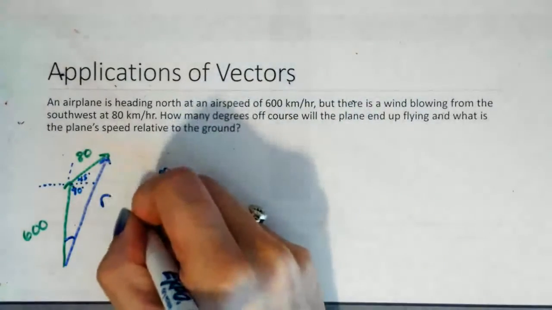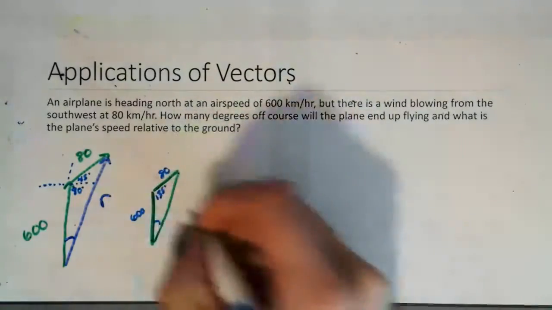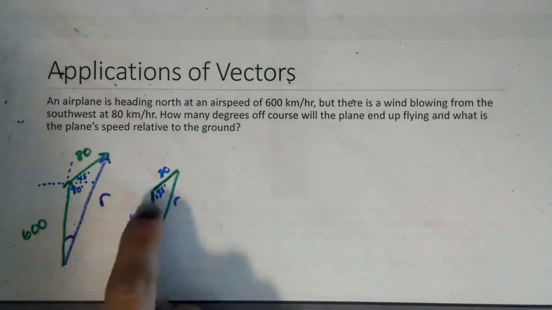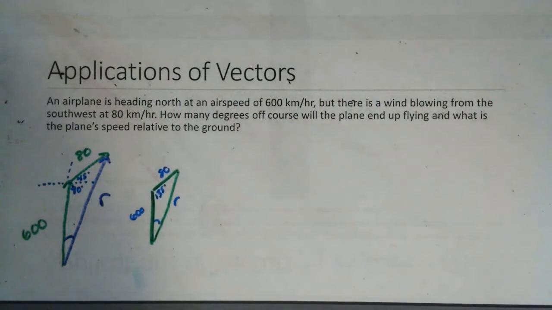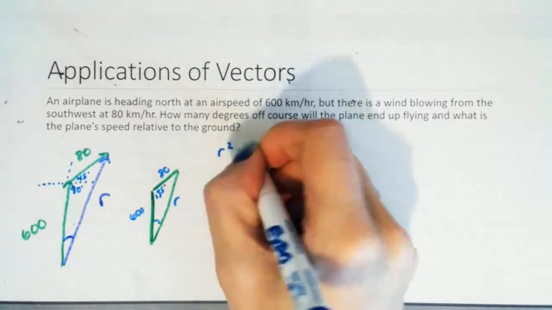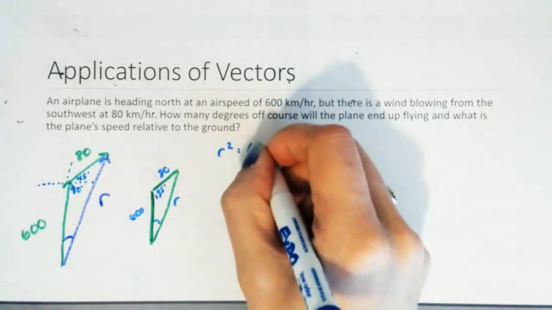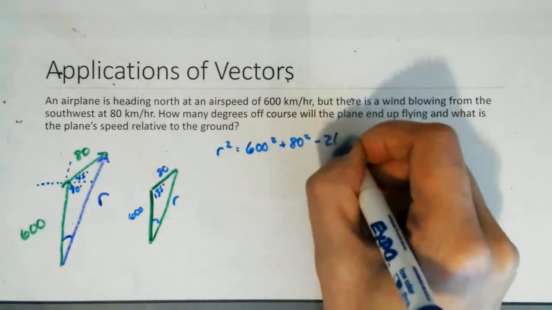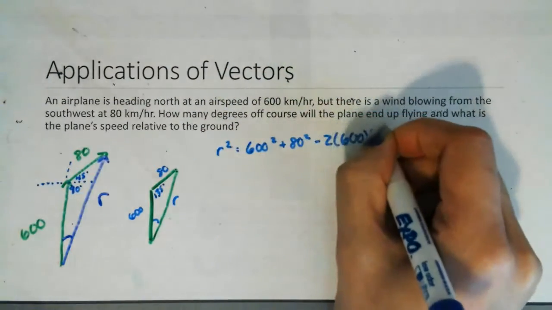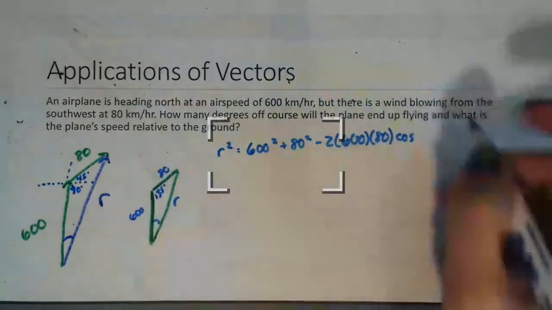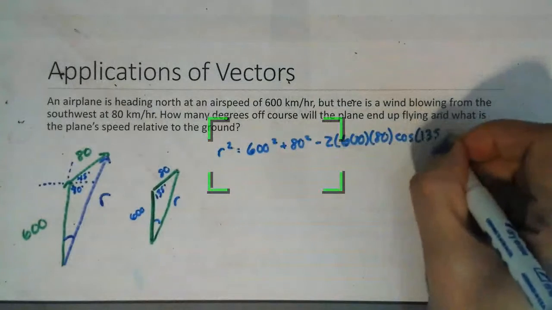This is 80. This is 600. That's the angle I'm solving for, and that's R. This is a side angle side case, and I should be able to use the law of cosines on it. So I will have R squared is equal to 600 squared plus 80 squared minus 2 times 600 times 80 times the cosine of the included angle, 135 degrees.